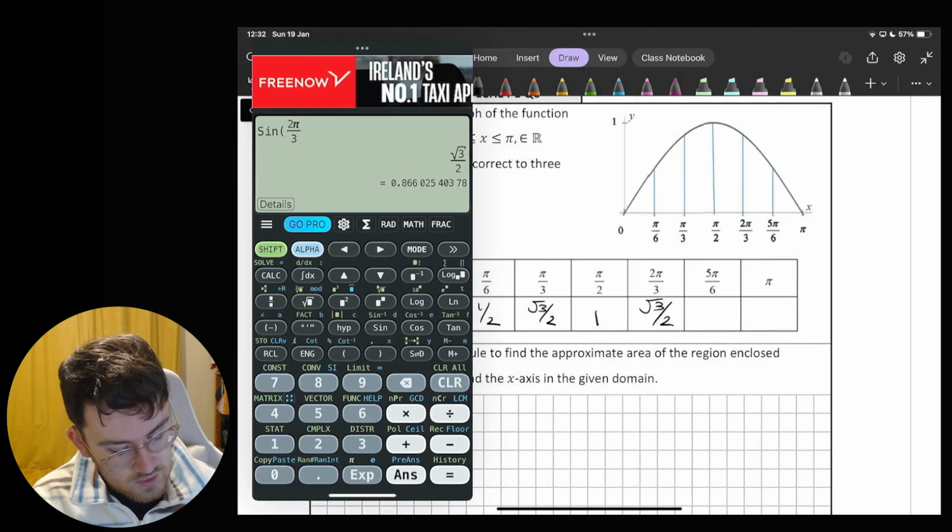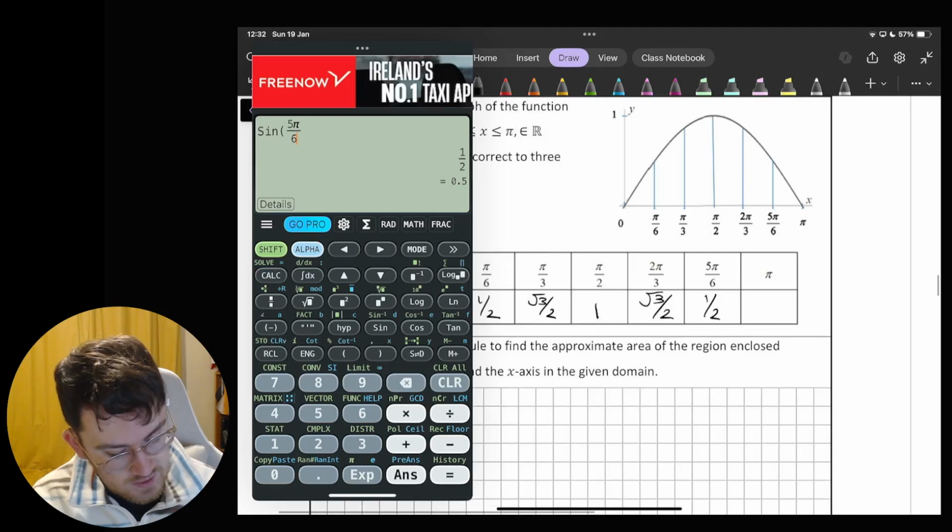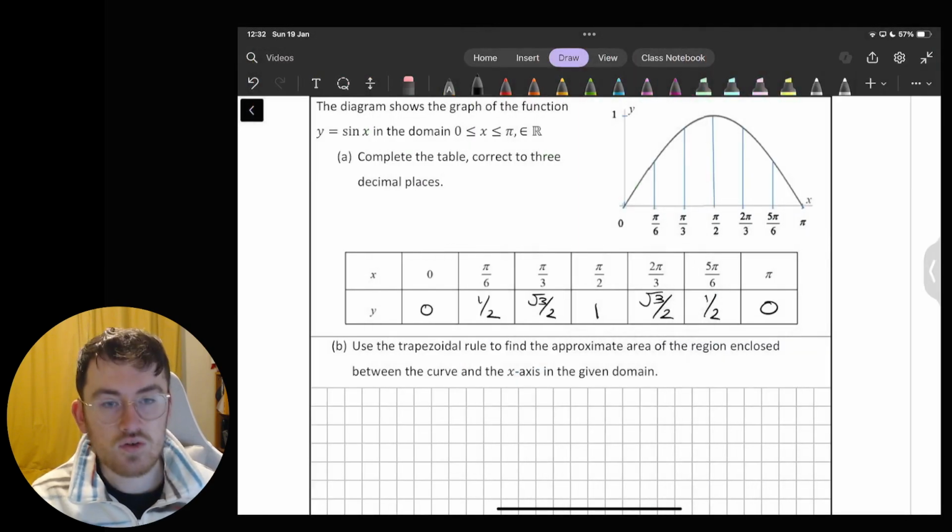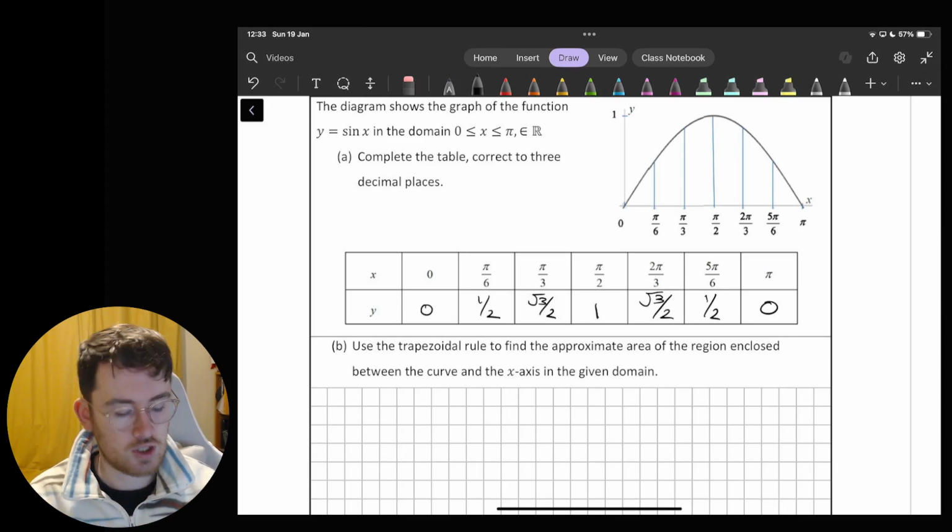From what we know about our trig functions, we should be able to fill out the rest anyway, and sine of pi brings me back to 0 again. Filling in my values there, the diagram does help us a little bit in matching up similar values.